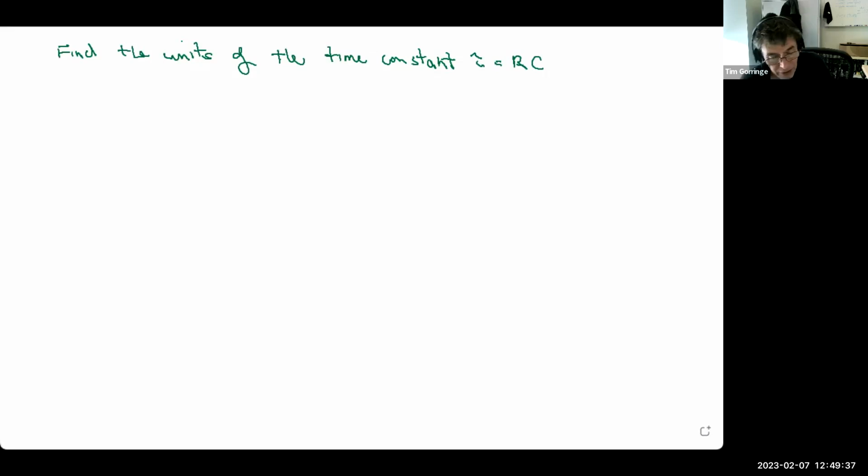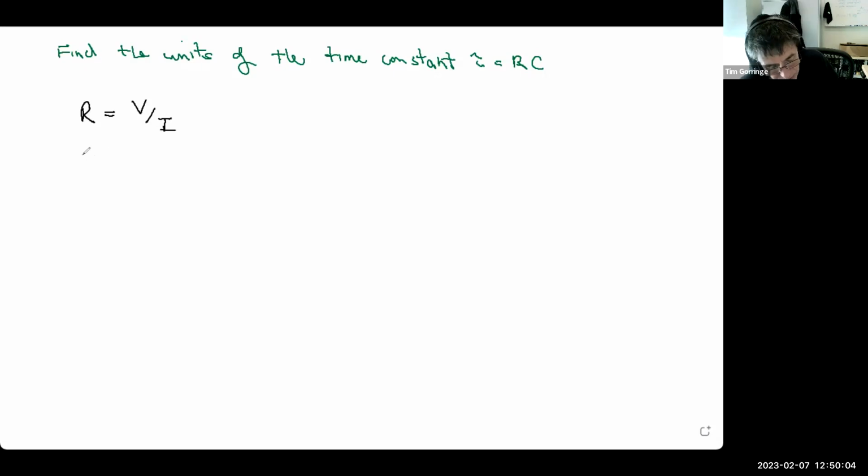The way I'm going to fill in the dimensions is in terms of other quantities, based on two very familiar equations. One of them is Ohm's law: the resistance of a resistor is the voltage across the resistor divided by the current through the resistor.